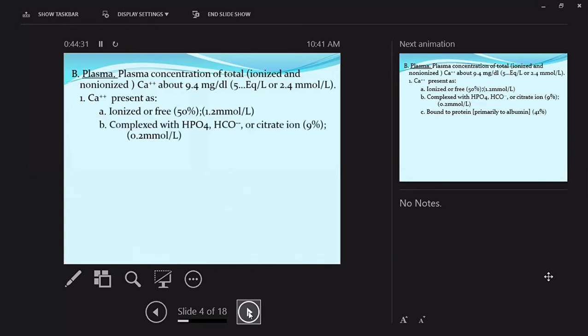It is complexed with biphosphate, bicarbonate, or citrate ion, 9% of this calcium, 0.2 millimoles per liter. It is bound to protein, primarily to albumin. 41% of calcium is bound to albumin. So 50% is free. Okay.